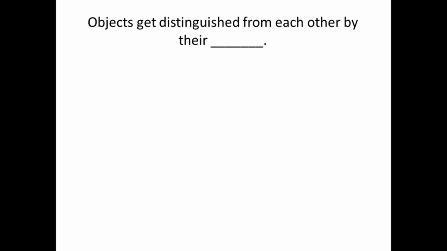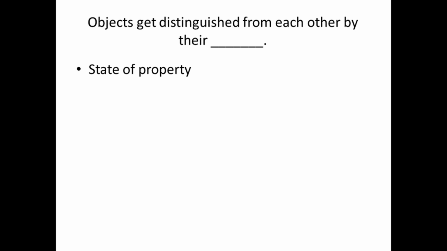Objects contain various properties and methods known as dash. So, in combination, properties and methods, it is known as features or members. Objects get distinguished from each other by their dash. The answer is state.